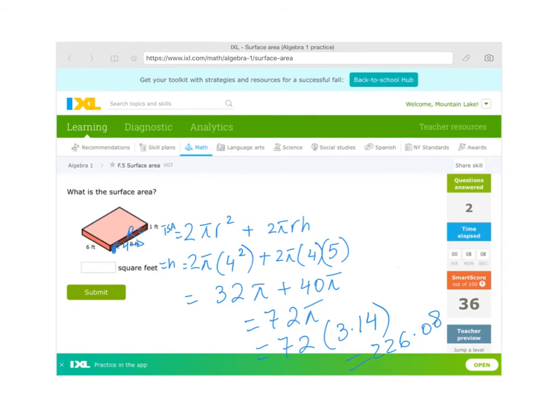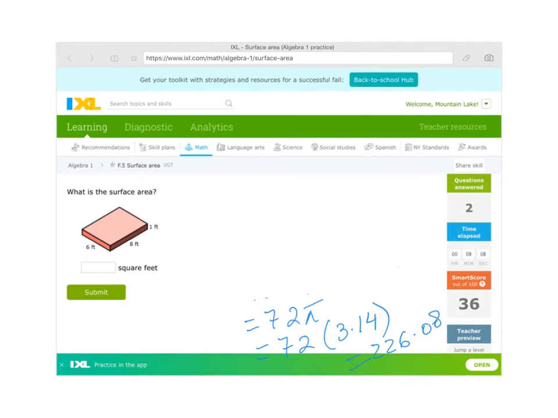Let's try a rectangular prism. So we've got a couple of areas. We've got this side, which has dimensions 6 and 1, which is also on this side.